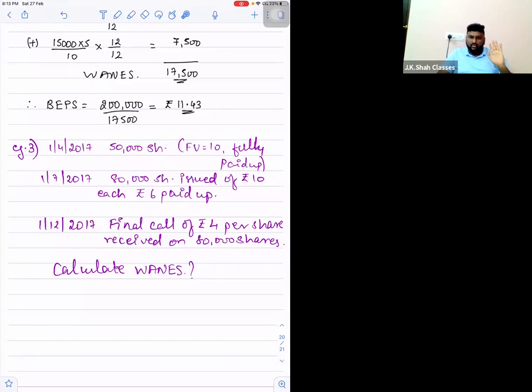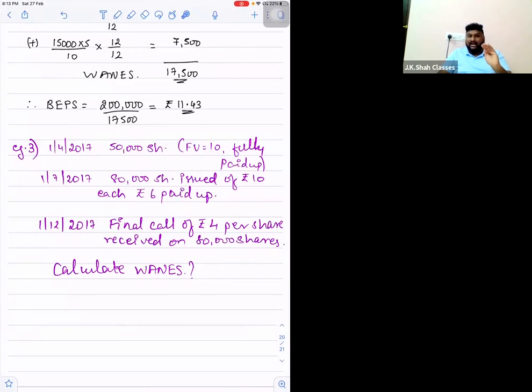Yes or no? So my simple question to you: should they have the same right in the profits when they were partly paid up, or should they have lesser rights? Obviously lesser rights, because they are partly paid up, sir.